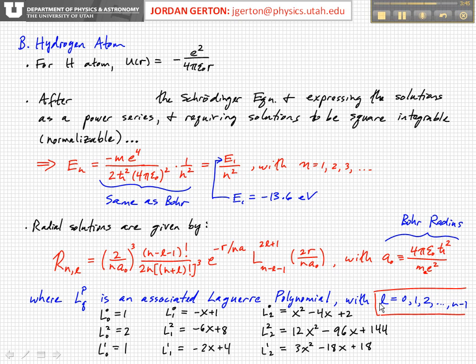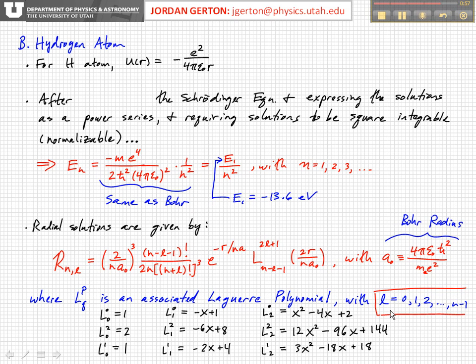Now we see that when we incorporate the radial solutions, l can only run from 0 to n minus 1. So whatever the principal quantum number is, l can only go up to that minus 1.